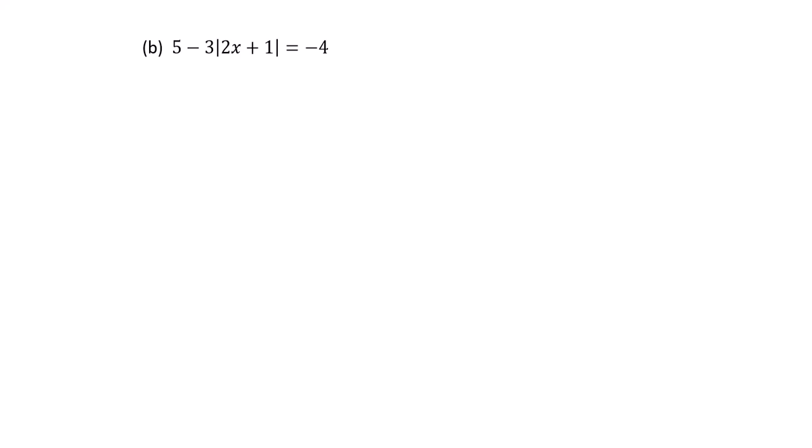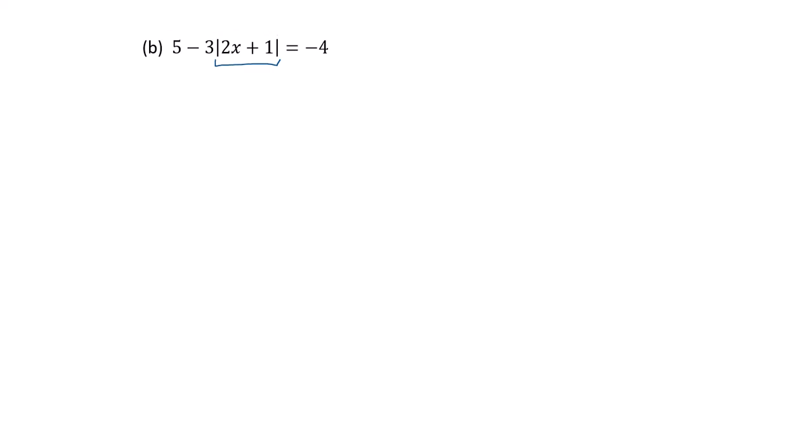In this example, we have 5 minus 3 times the absolute value of 2x plus 1 equals negative 4. Again, we want to isolate the absolute value expression. Now, a caution here, some students will look at this and get excited and say, well, 5 minus 3 is 2, but this 3 is connected to this absolute value by multiplication, so you can't combine the 5 and the minus 3.